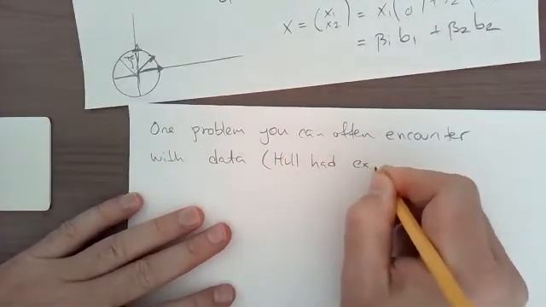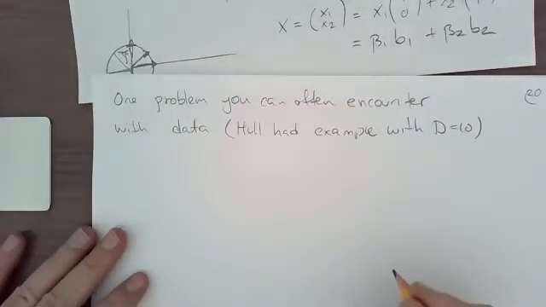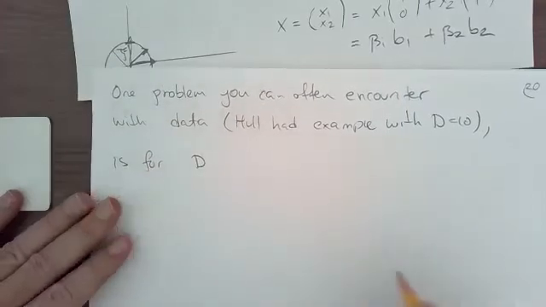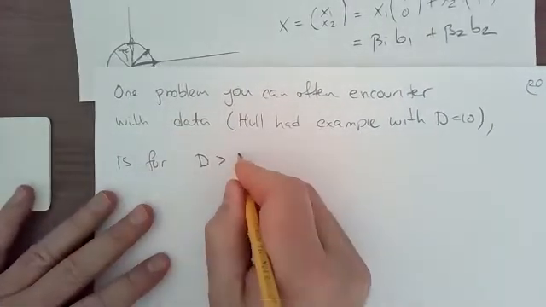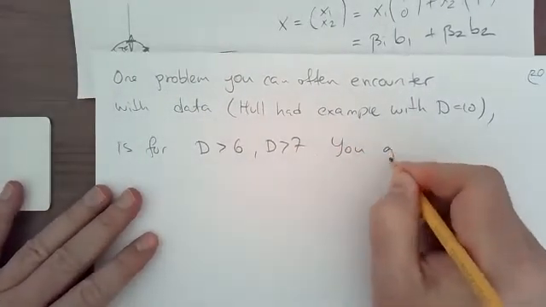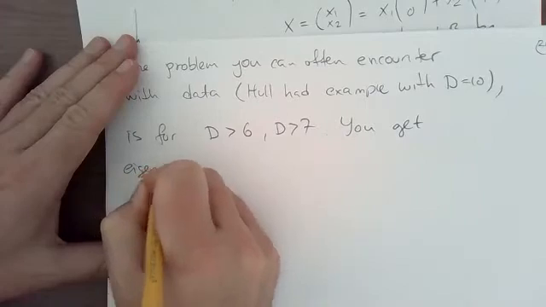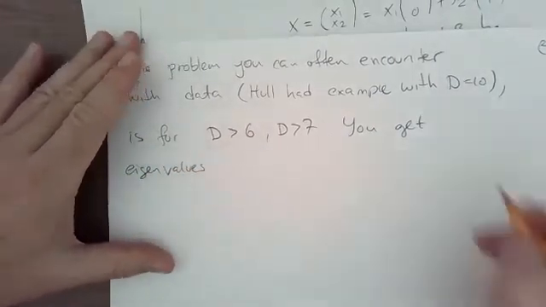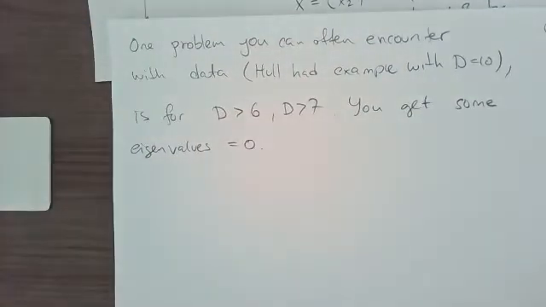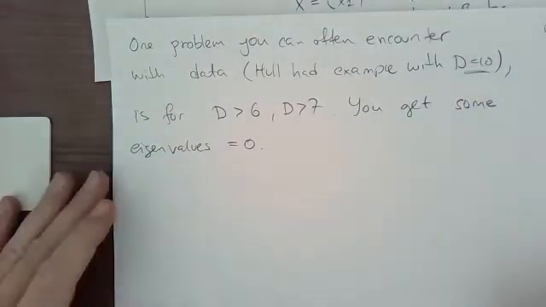Hull had an example with 10. My experience has been that for D bigger than 6 or 7, you get some eigenvalues that are equal to 0. And this is why I'm really surprised that he could go all the way up to 10.